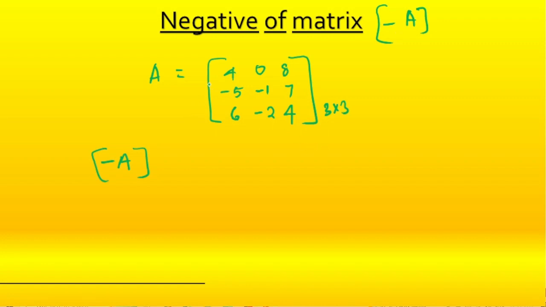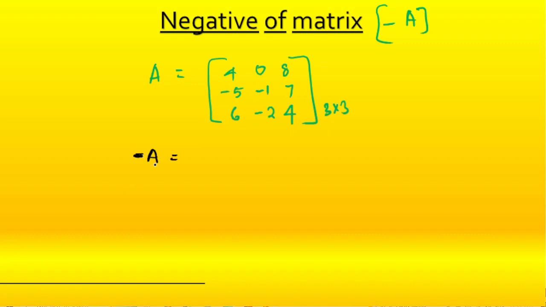So now the negative of A, that is the negative of the matrix, is going to be, for example, if your matrix is, one second, I'll use a bright color so that it will be very much visible for you all. So your matrix A will be, listen, here you have to find the negative of the matrix.